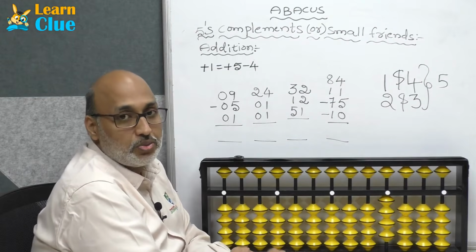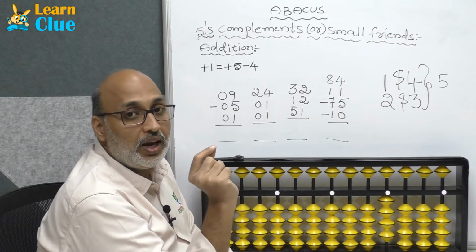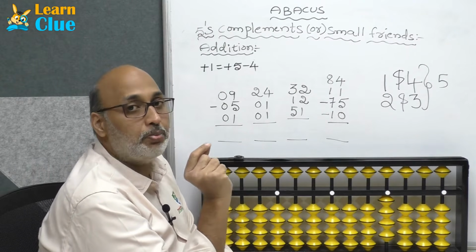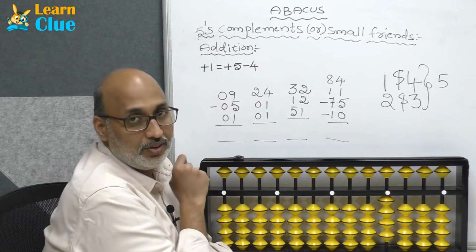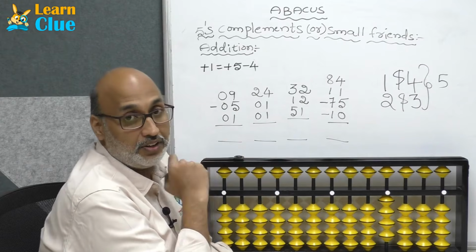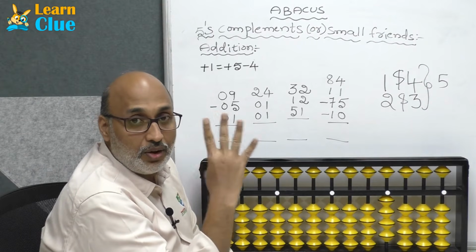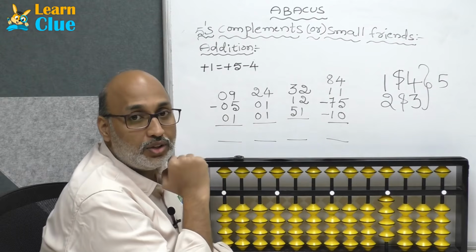So how to do plus 1? Here we have a problem in addition of 1. Who is the friend of 1? First of all, try to remember the friend. 1's friend is 4. How is the 4 going to help?